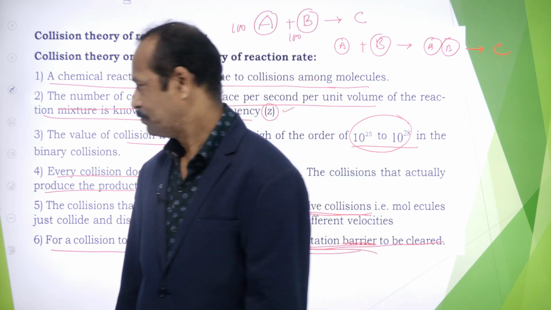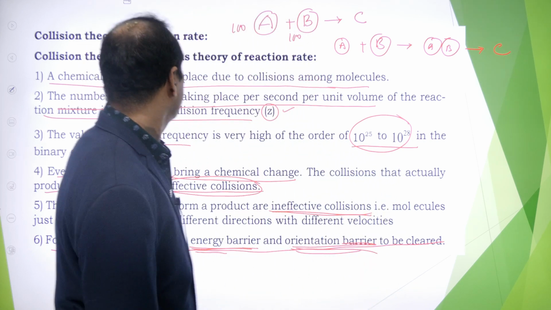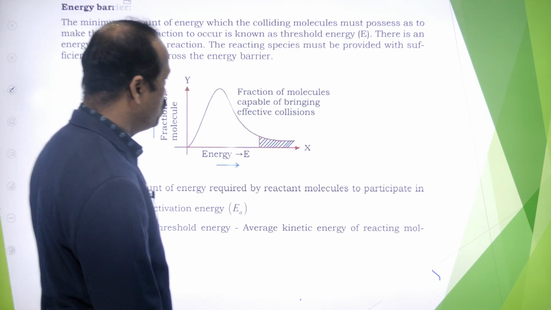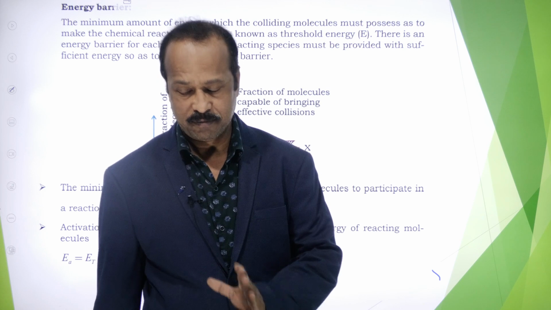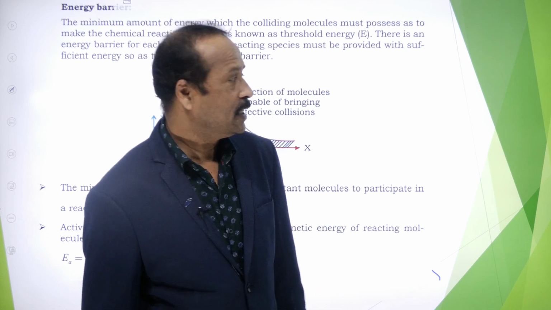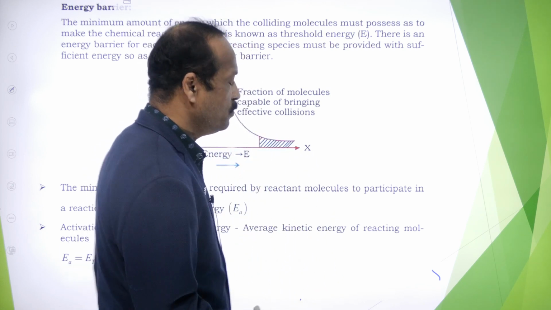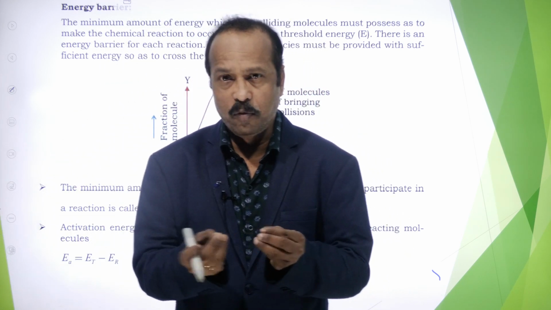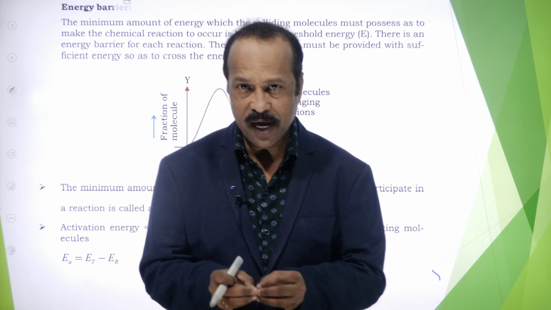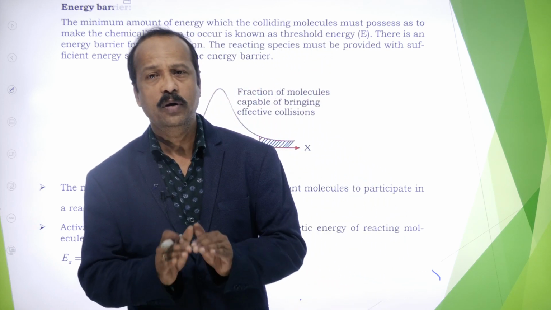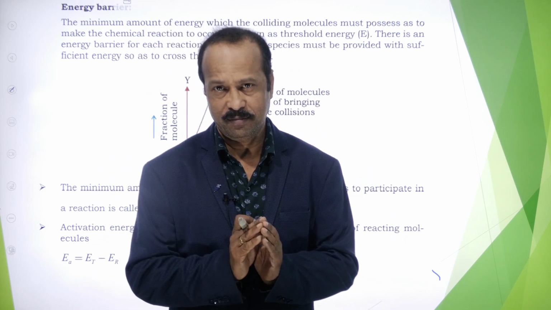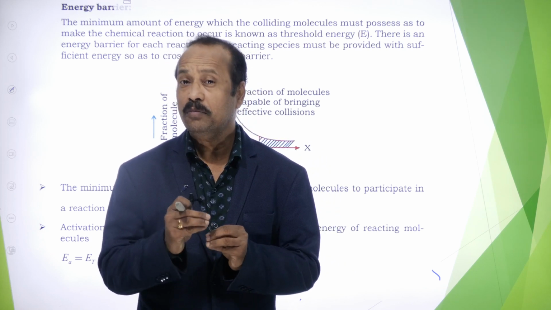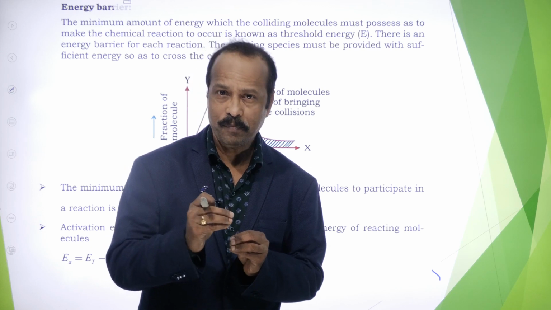Right? Now, let's come to the energy barrier. Students, what does the energy barrier mean? For example, under normal conditions, when molecules react with each other, they have a less amount of energy. This energy may not be sufficient to form the product.